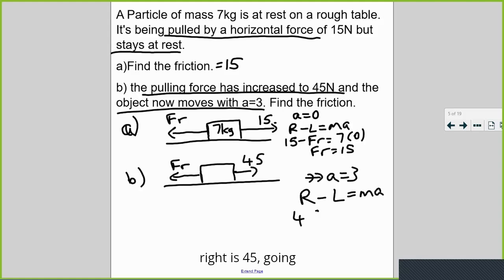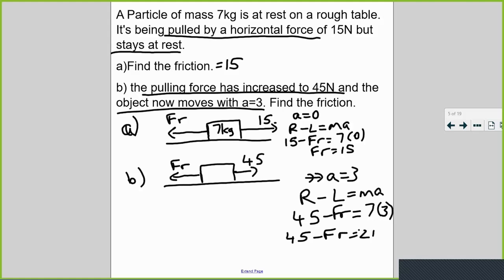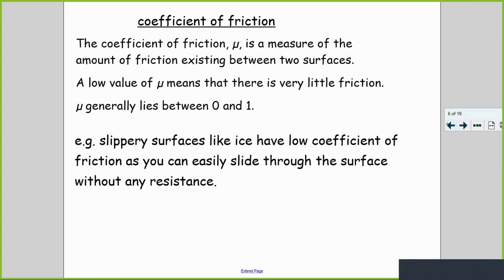Going right is 45, going left is friction, equals ma. Now m is 7 and a is 3. So 45 minus friction equals 21, and your friction will be 45 minus 21, which gives you 24 newtons. So again, these are basic questions just to give you an example of how the friction force works.